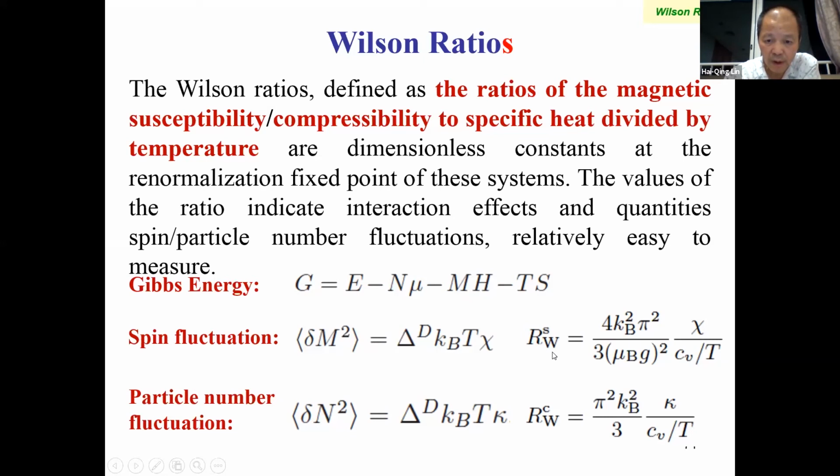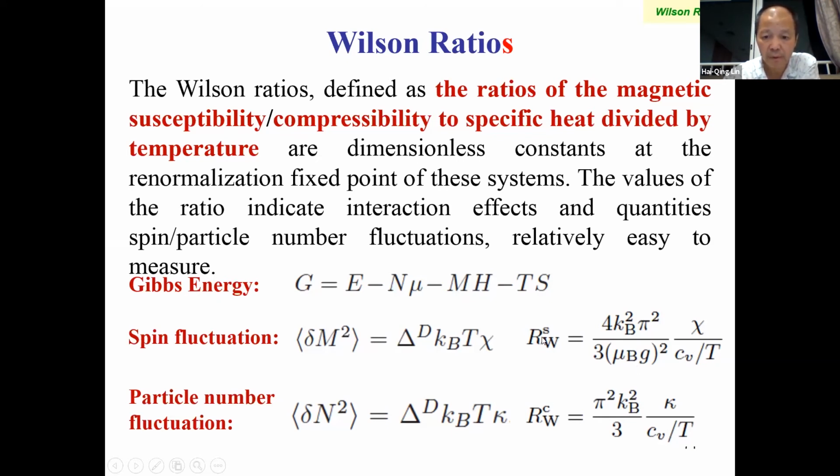So the Wilson ratio, as defined by Wilson, which is magnetic susceptibility divided by heat capacity, actually represents the ratio between spin fluctuation and thermal fluctuation. Similarly, we can also define another Wilson ratio, which is the particle number fluctuation divided by thermal fluctuation.